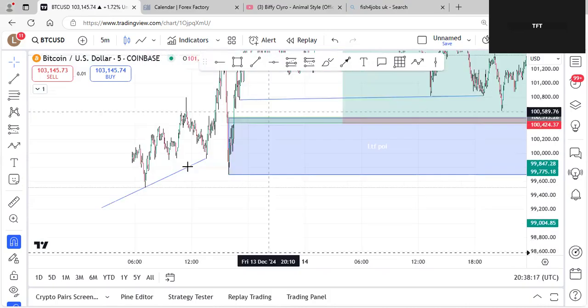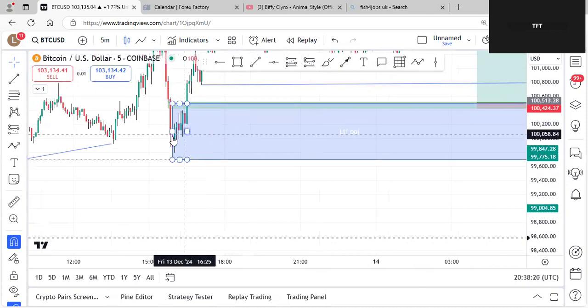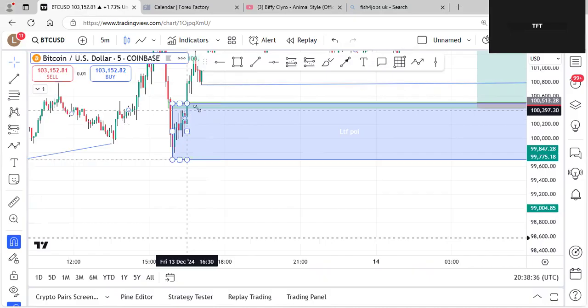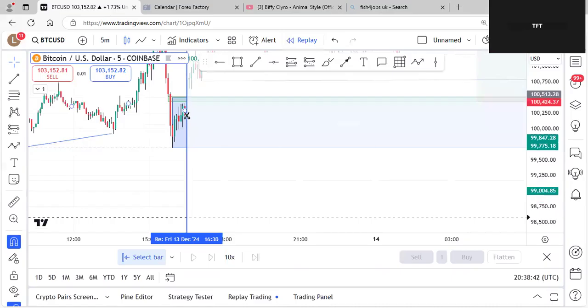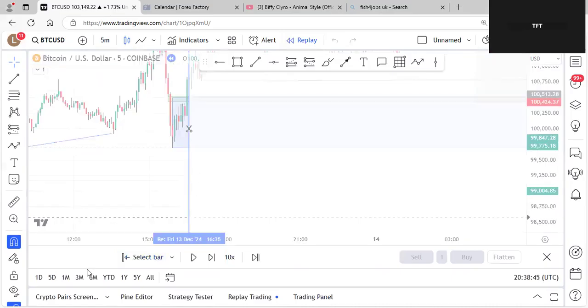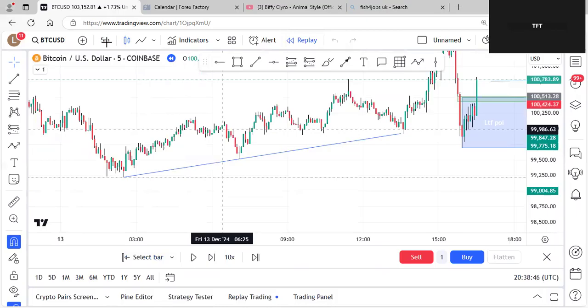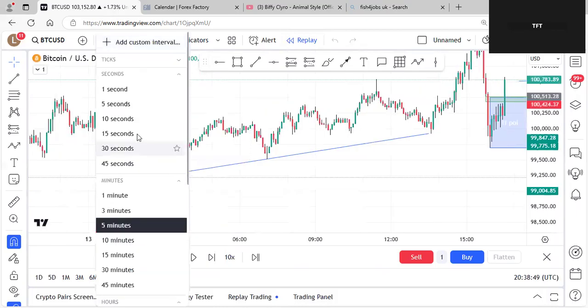I marked this blue box as a zone to look into to try and find a lower time frame imbalance, which I did, pretty much the bottom of the green box inside there. But once I get down on the second shot, you'll see why I then made it bigger. I'll jump straight down to the 15 second.